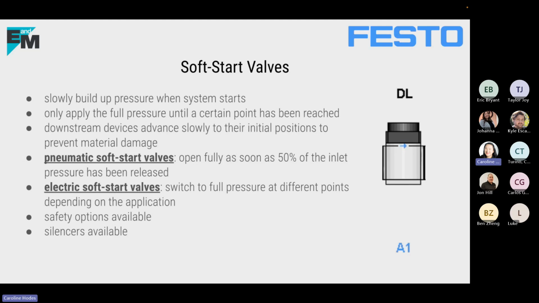The first is the pneumatic soft start valve, which will open fully as soon as 50% of the inlet pressure has been reached. But if you need more customizability, you can also use an electric soft start valve, which will switch to full pressure at different points depending on the application. In addition to regular soft start valves, there are also safety options available for these, as well as silencers.